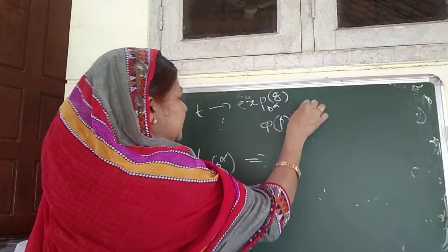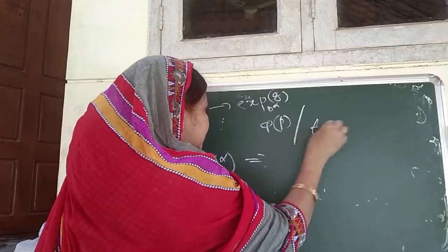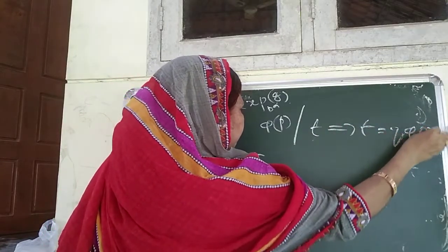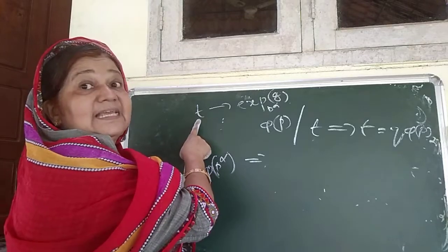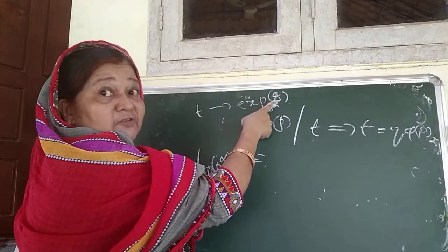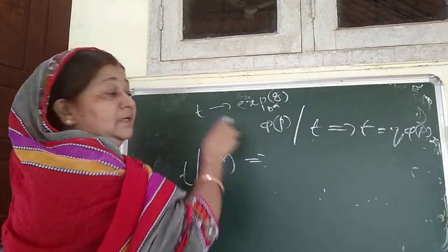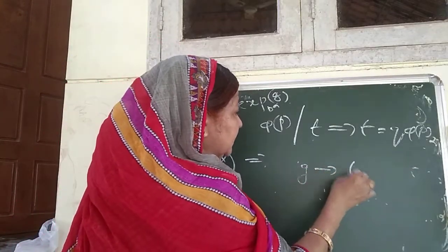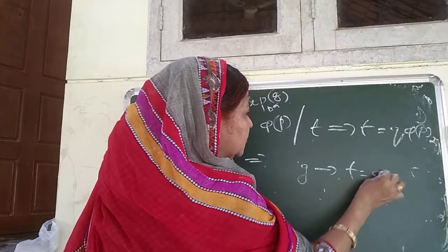So g raised to t gives phi p divides t, which implies t equals q into phi p. Since g is the primitive root, the exponent of g is equal to phi of p.